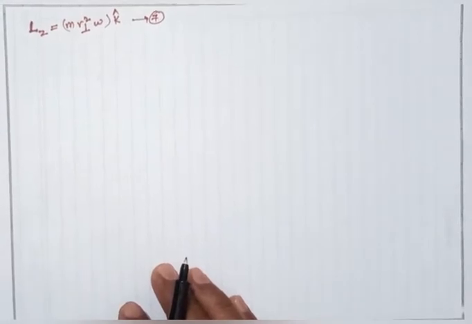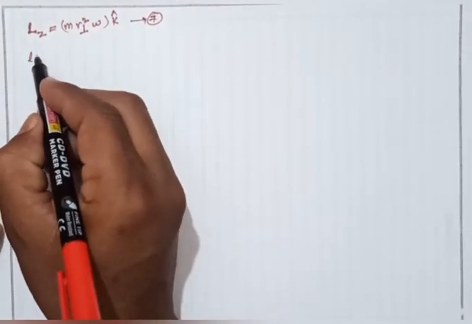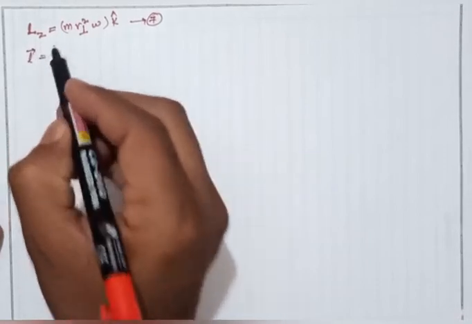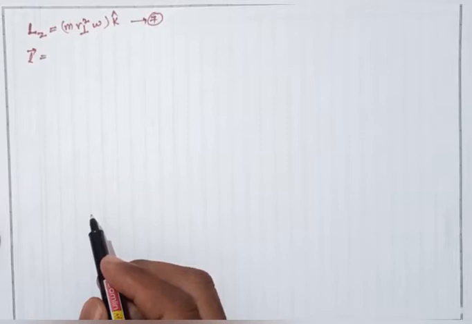Next, from equation number 4, L bar equals the total angular momentum of the ith particle.